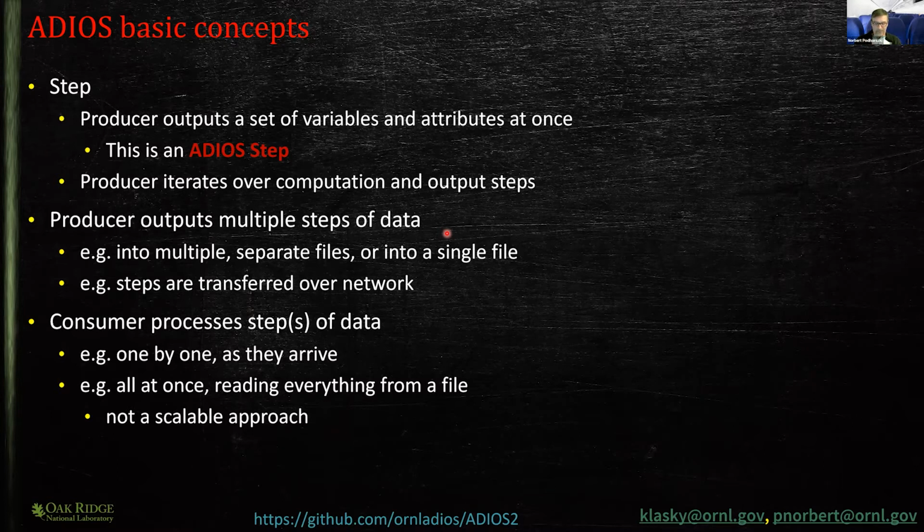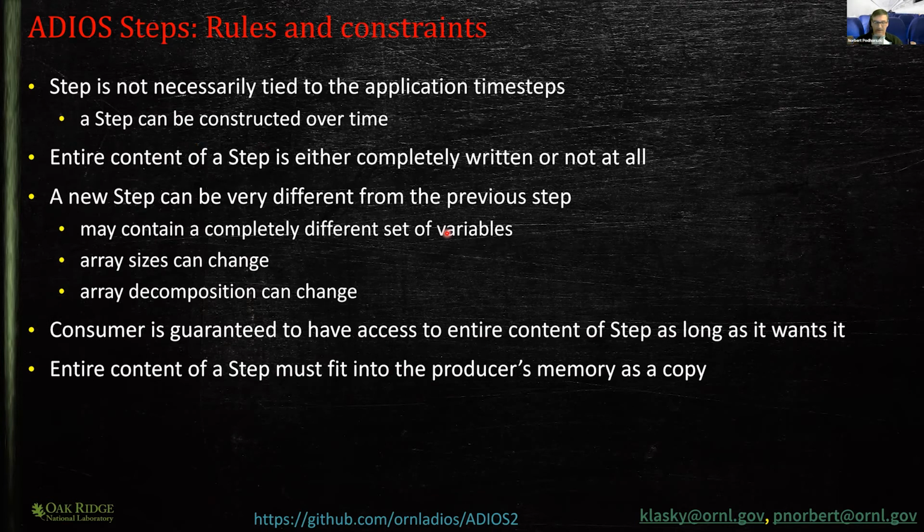So in a streaming scenario, a producer can be blocked by an in situ analysis or visualization process if it's producing data faster than the consumer can consume and process it. But you can also set up the staging so that the producer can drop steps.